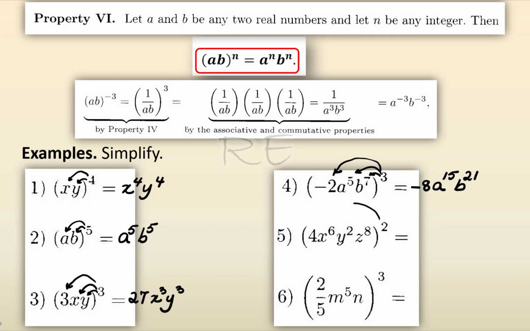Negative 8, a to the 15, b to the 21. 4 to the second will be 16, (x to the 6) to the second, x to the 12, 6 times 2, y to the second, y to the fourth, 2 times 2, (z to the 8) to the second, z to the 16th.